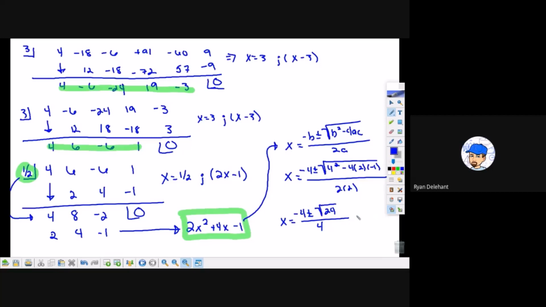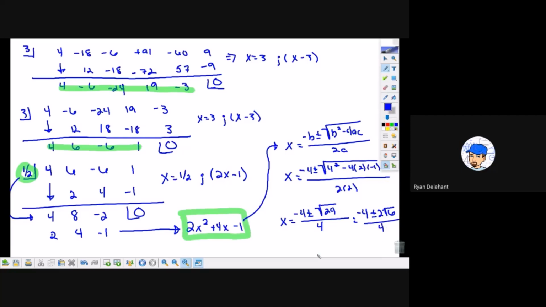So that would mean that it's -4 plus or minus 2 root 6 over 4. And that's important because if you did get one of these and they asked you about the irrationals, anytime all of this stuff has a common factor, it means we can divide it out.